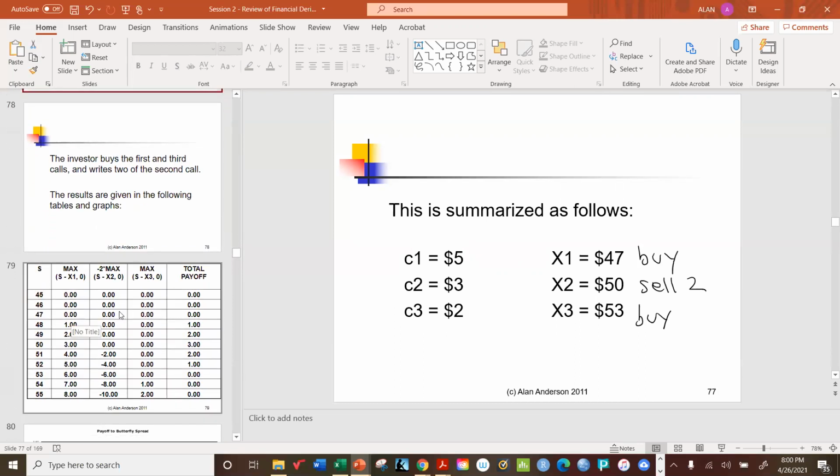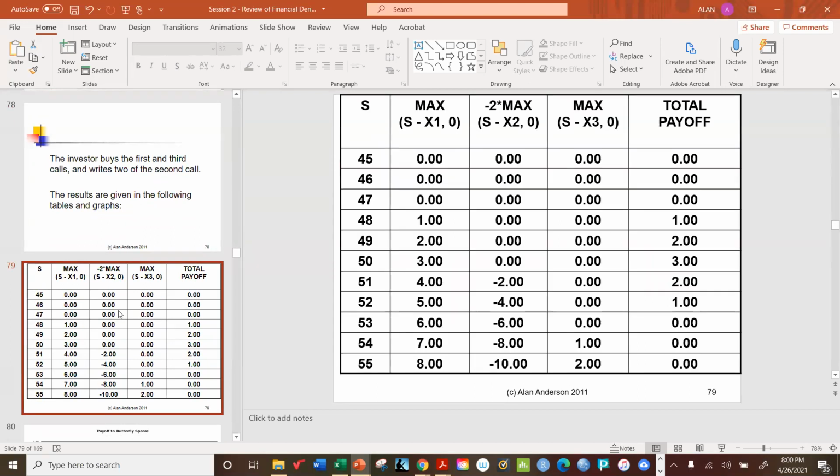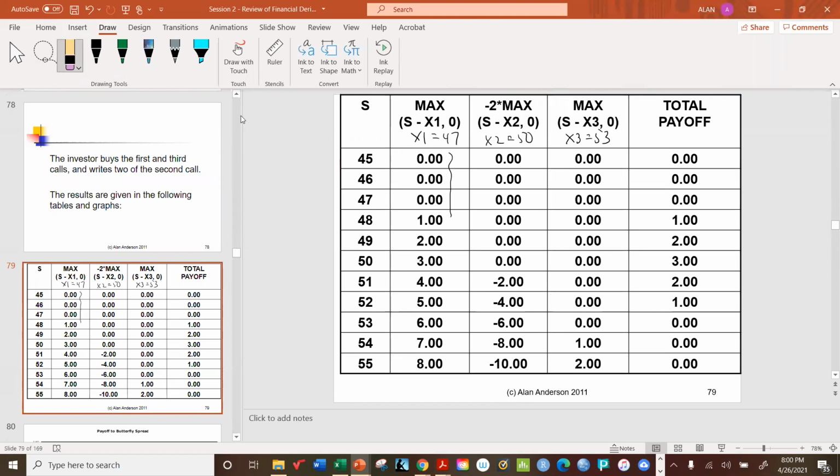So there they are. I've got all 3 of them together in one nice little chart. So just remember, in this first case, the strike is 47. Here it's 50. And here it's 53. Except now that we own the first one and the third one, so you can see here we're out of the money up to 47. I'll abbreviate it OTM.